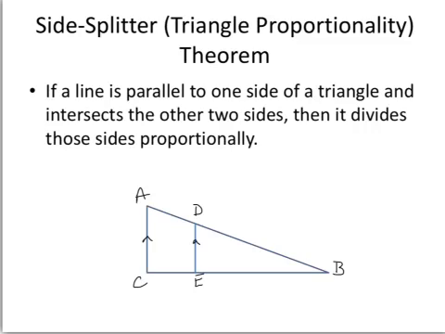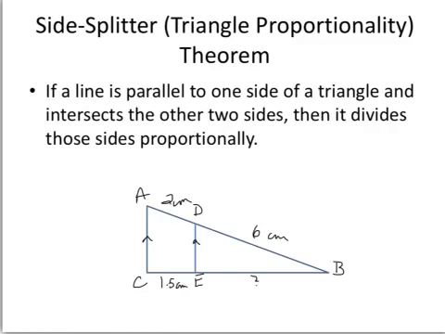So let's say that segment DB was 6 centimeters long. And let's say that segment AD was 2 centimeters long. And let's say that segment CE was 1.5 centimeters long.